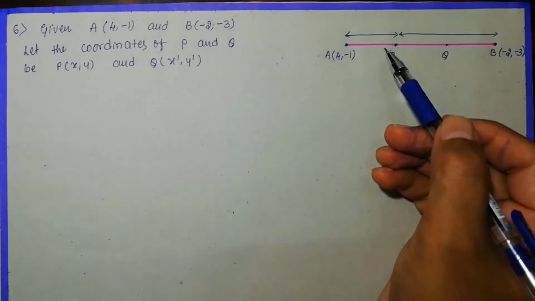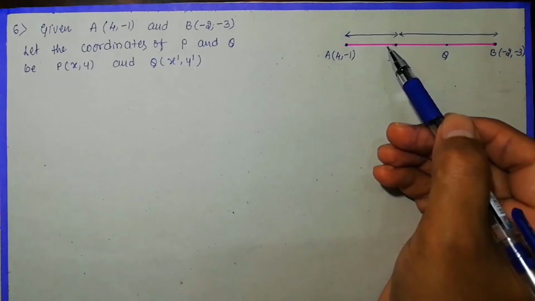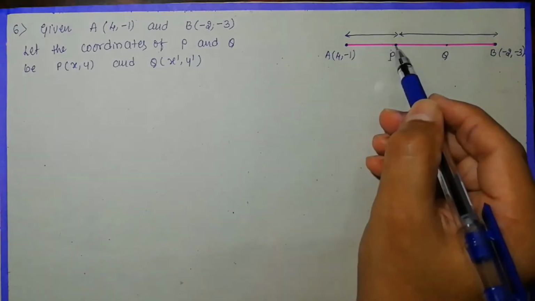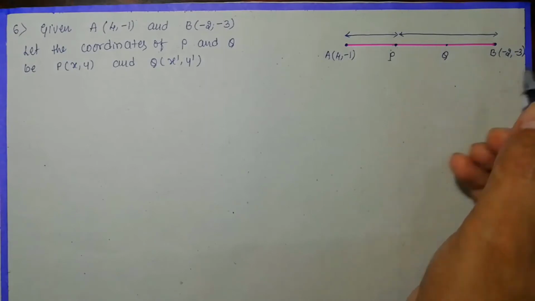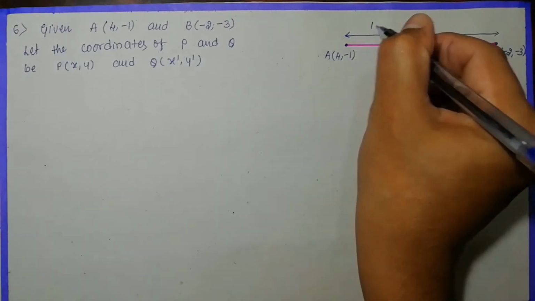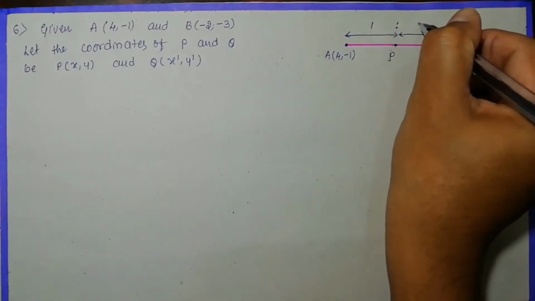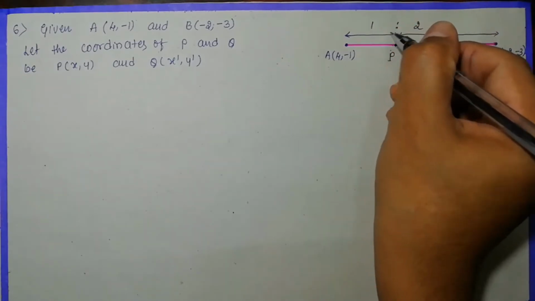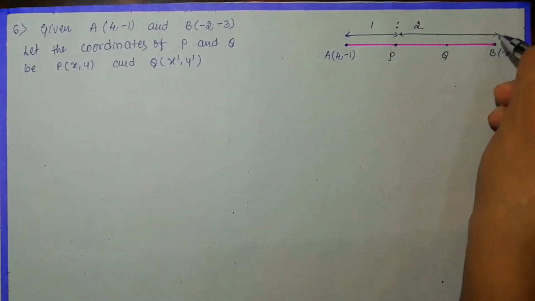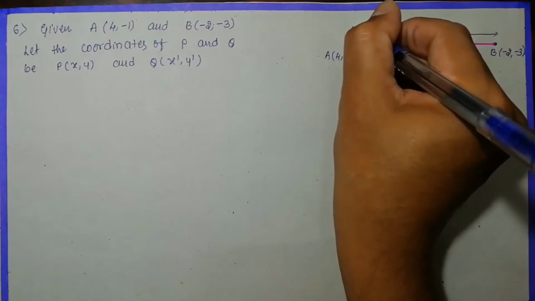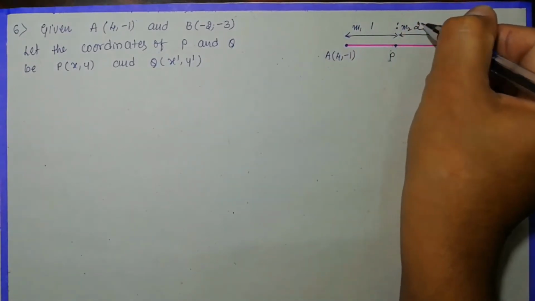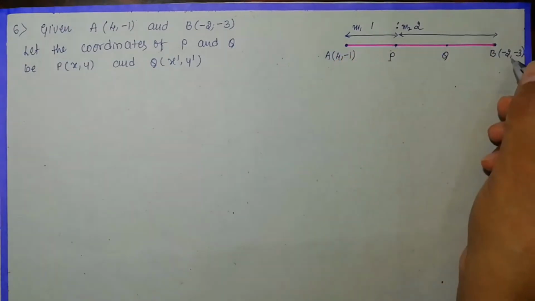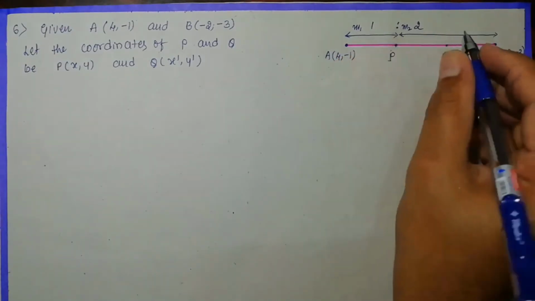So what will be the ratio here? Here 1 is there, here double of this is present. So the ratio will become 1:2. If here it is 1, here it is 2, from here to here. So now this is m1 and this is m2. The ratio will become PA by PB is equal to m1 by m2 is equal to 1:2.